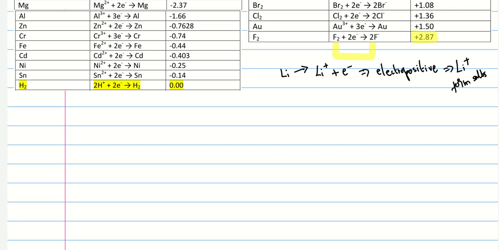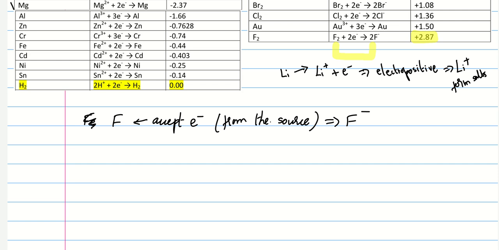So fluorine can accept electrons from the environment, from another source, and it is quite happy to form F minus. Whenever a substance accepts electrons from another species, it can act as a good oxidizing agent.